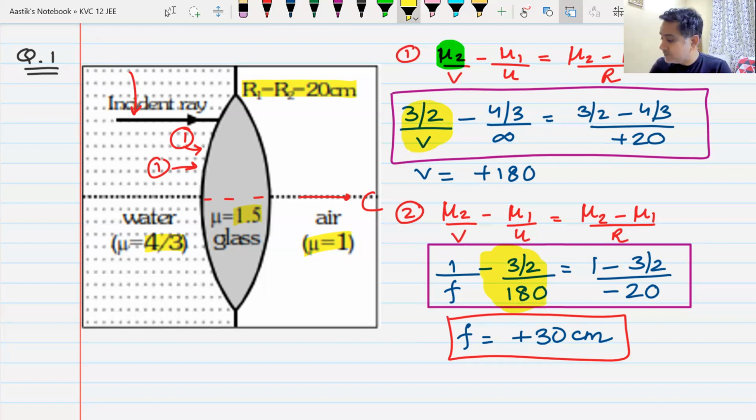Instead of going to the step where I calculated v, I may not have calculated v.